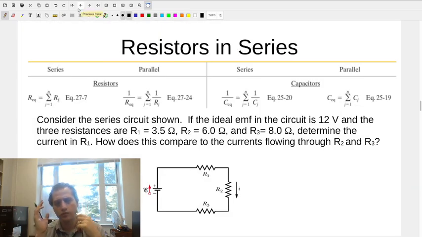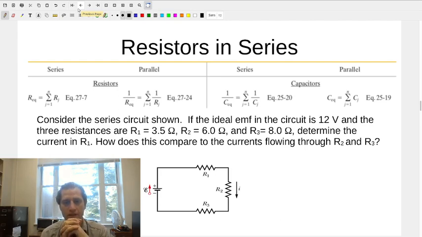Now, any question about V equals IR is fair game. Questions about how resistance changes when you change the length of the resistor or the cross-sectional area or the resistivity, that's all fair game. The other thing that's fair game in this test is talking about resistors or capacitors in parallel and series.